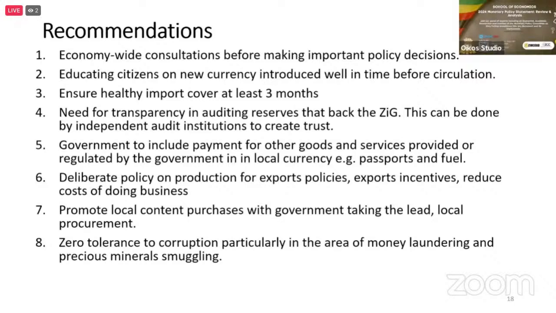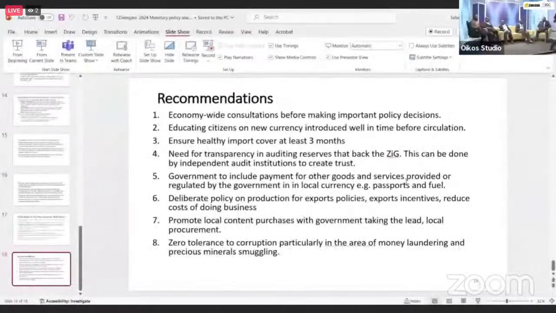Thank you, Dr. Zvengwa, for unpacking the 2024 monetary policy statement for us, highlighting the background, what really pushed authorities to introduce a new currency termed ZiG by dumping the Zimbabwean dollar, ZWL.